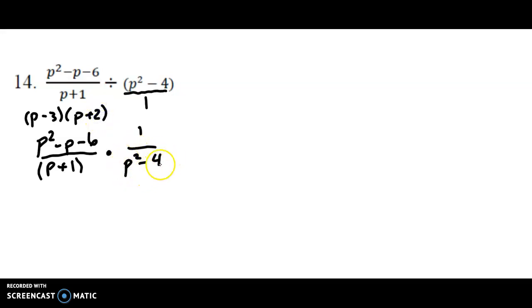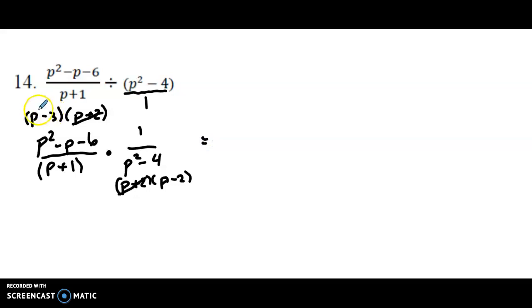This one here is a difference of 2 squares, so p plus 2, p minus 2. And if I look, I have this common factor here of p plus 2, and that's it.